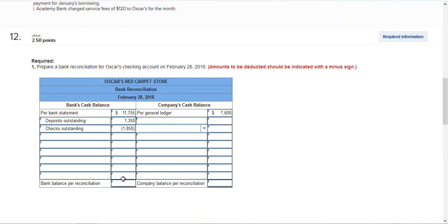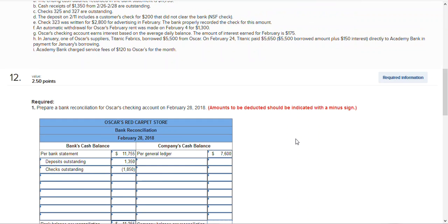So it looks like I've got a balance of $11,255. Sometimes there's something else on this side besides deposits outstanding and checks outstanding, and that is if the bank makes an error. So let's just make sure.